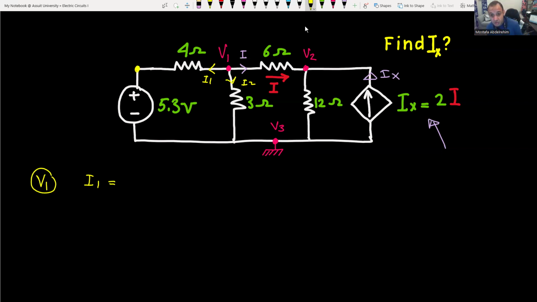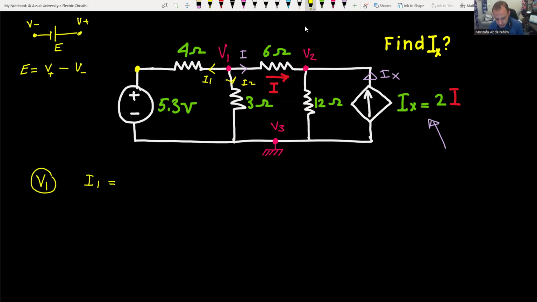What is the voltage of that node? Let's assume we don't know. So we have here a battery. This battery produces 5.3 volts. If you have a battery, it has two nodes, V negative and V positive, and the battery voltage is E. So E is equal to V positive minus V negative.